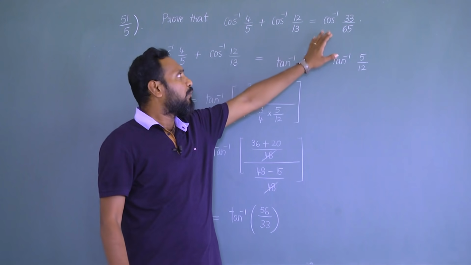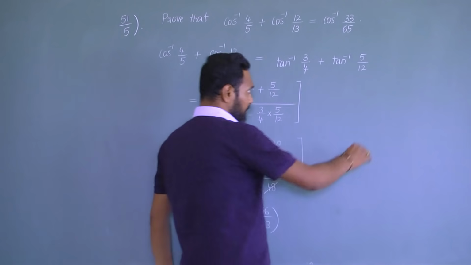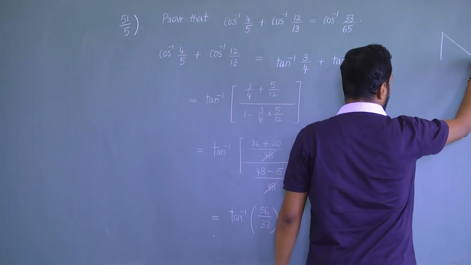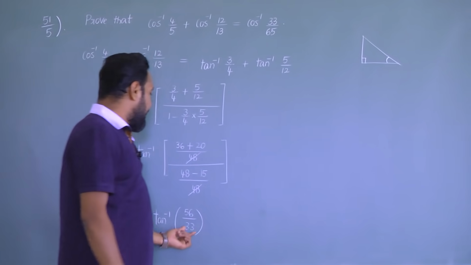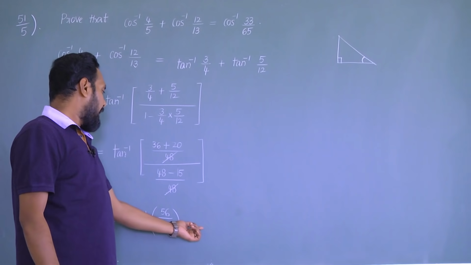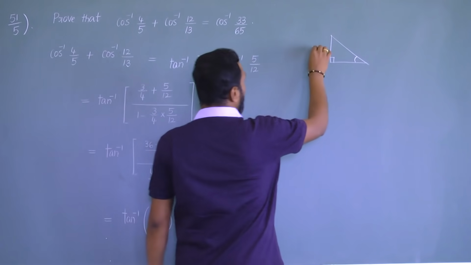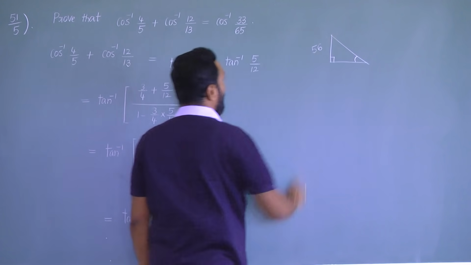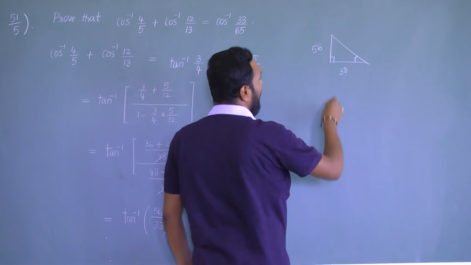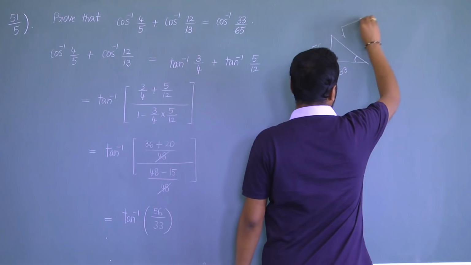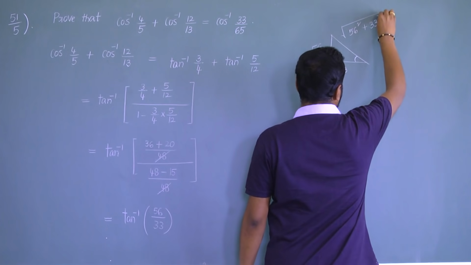But in the question, we need it in terms of cos inverse. So if you use the right angle triangle one more time, let this value be alpha. If I take tan alpha equals 56 by 33, opposite side is 56, adjacent side is 33. Then hypotenuse becomes square root of 56 square plus 33 square.